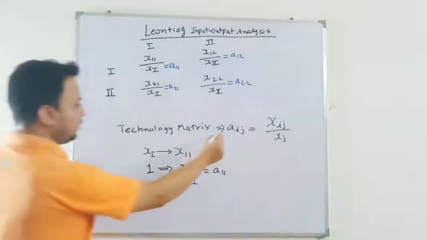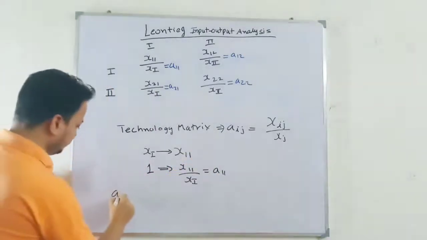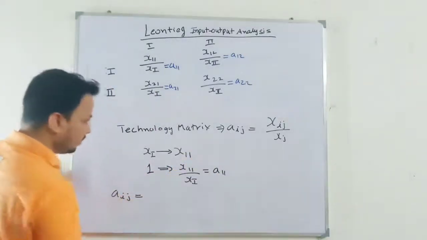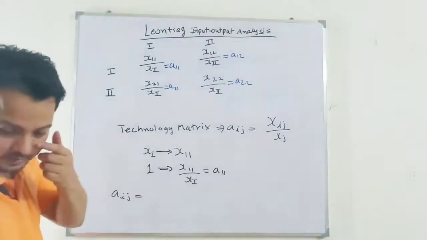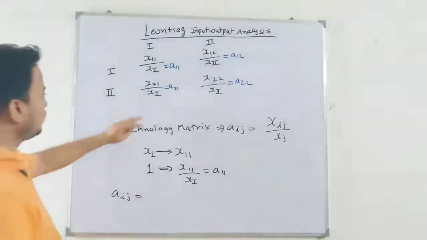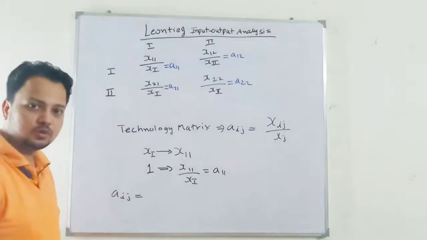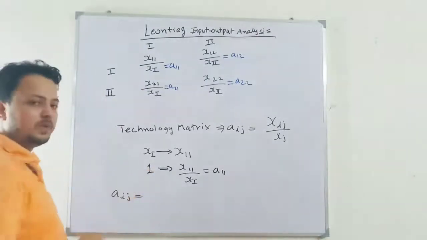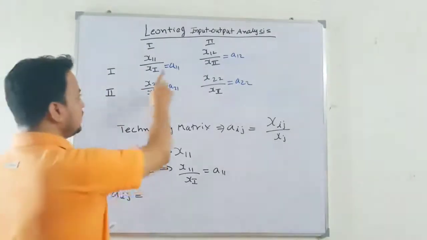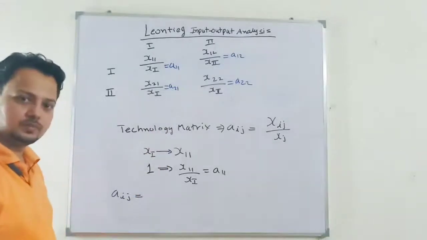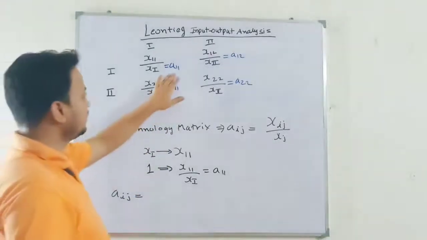So what will be the interpretation of Aij? In order to produce 1 unit of output of industry 1, how much input do you require?